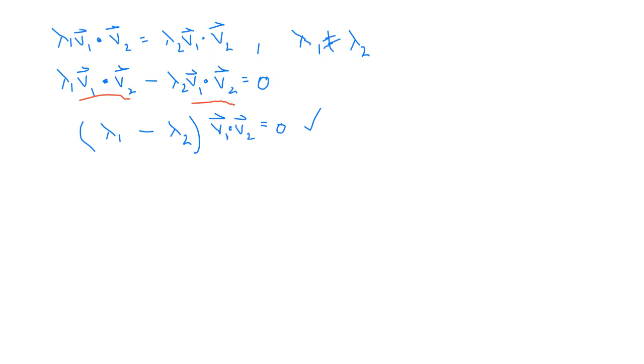What you have here is a scalar, and you have another scalar. The dot product of two vectors is a scalar. You have a product of two scalars being equal to 0. So this is like if you had A times B equals 0, then that means what?